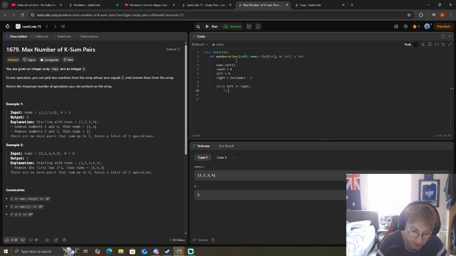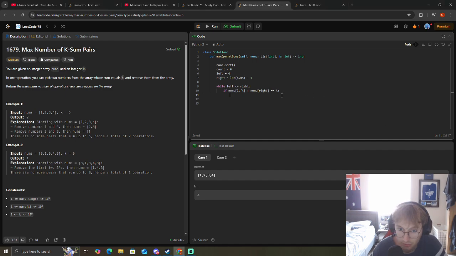If nums left plus nums right is equal to k, then we just want to... Dude, I feel so weird right now in Python.